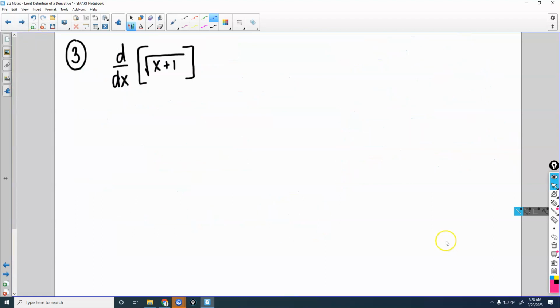But let's move on. All right, here's some new notation for you. This d over dx means the derivative with respect to x of whatever is inside of those brackets there.